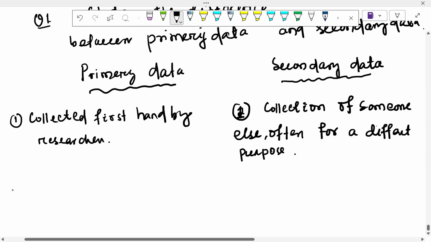Second point for primary data: original and specific to the research question or objective.